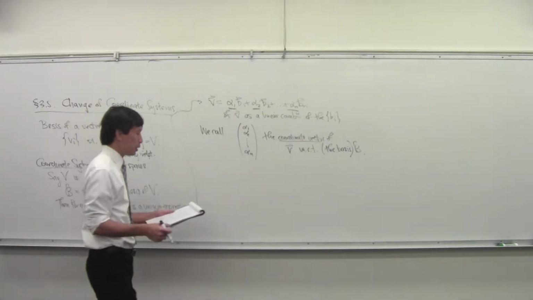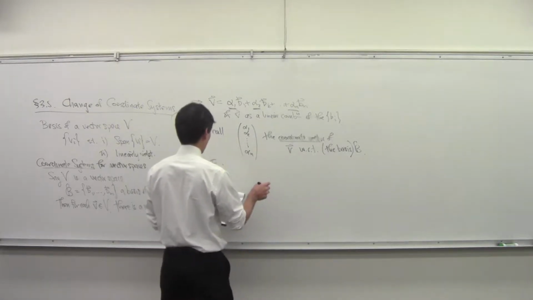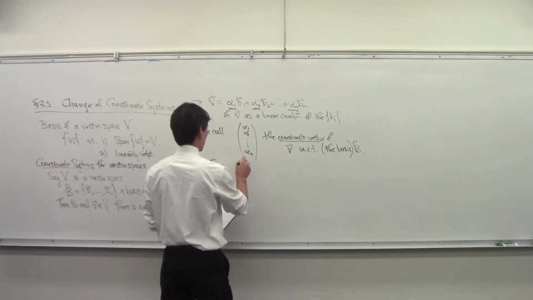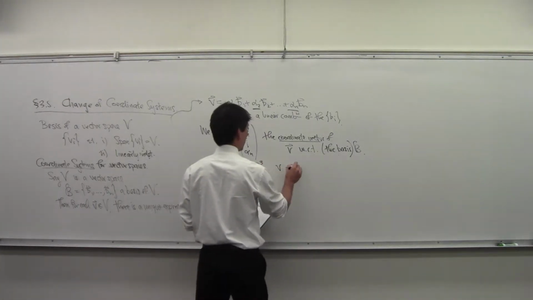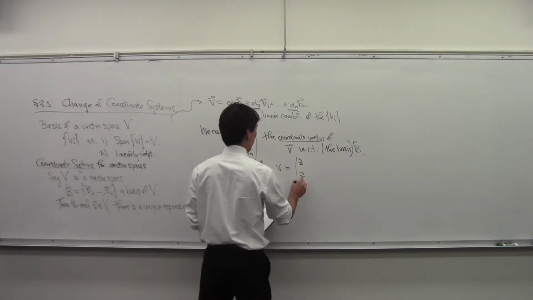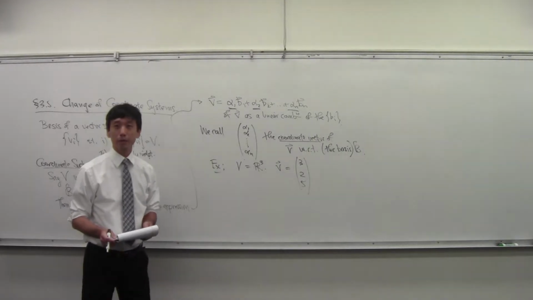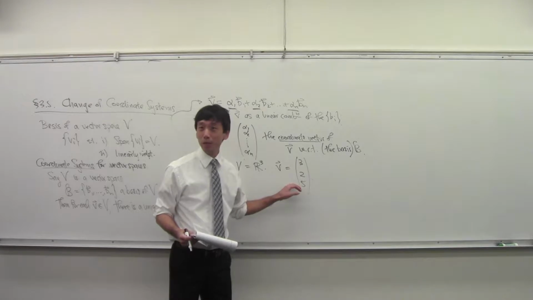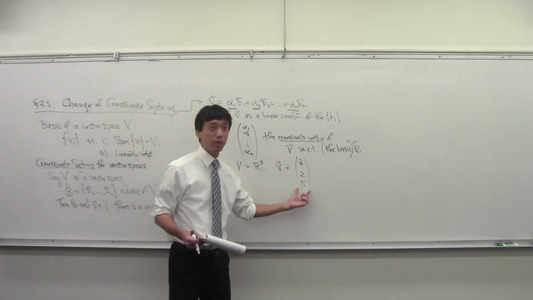Okay, so let me give you an example. Let's say that V is R3, and our vector is the one that we normally call 3, 2, 5. Let me make one sort of obvious comment here. What does this 3, 2, 5 mean?